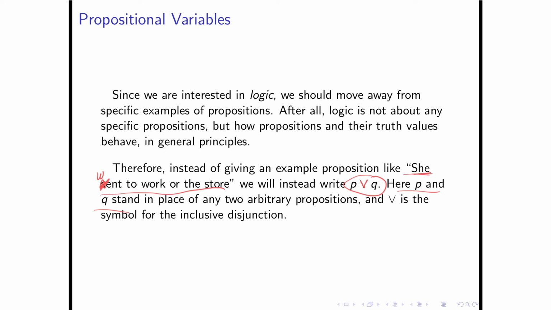P would stand in place of "she went to work," and Q would stand in place of "she went to the store." And they are joined together with the word "or." When we are being symbolic, abstracting these propositions into propositional variables, we use this downward wedge to represent "or," the inclusive disjunction.